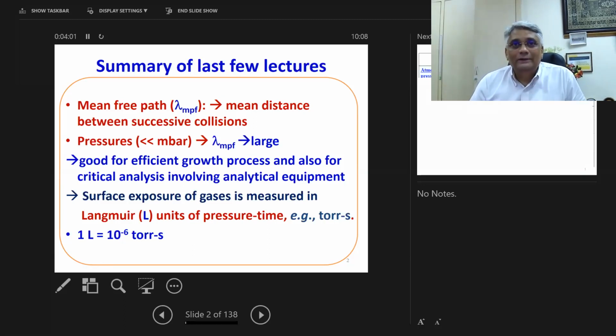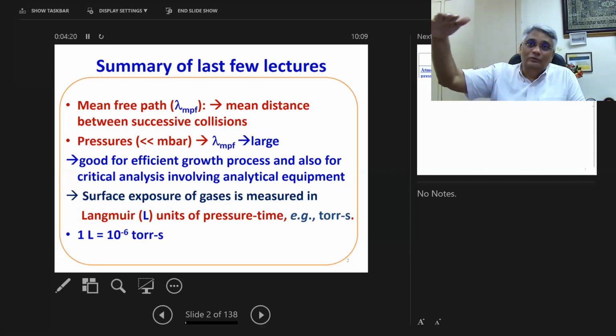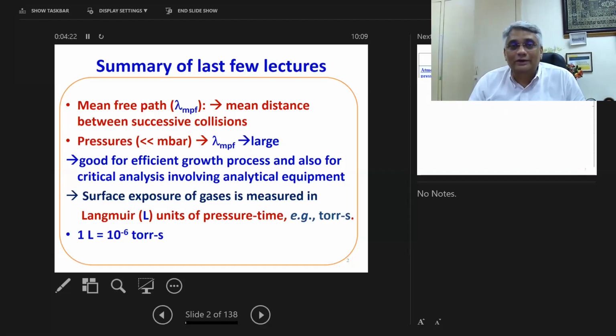And we have seen that typically, for one monolayer of gases to settle down on a surface, to contaminate a surface, 3.2 nanoseconds is sufficient. Whereas if you have the same surface inside a vacuum of 10 raised to minus 10 torr, the surface can remain clean for almost 7 hours.